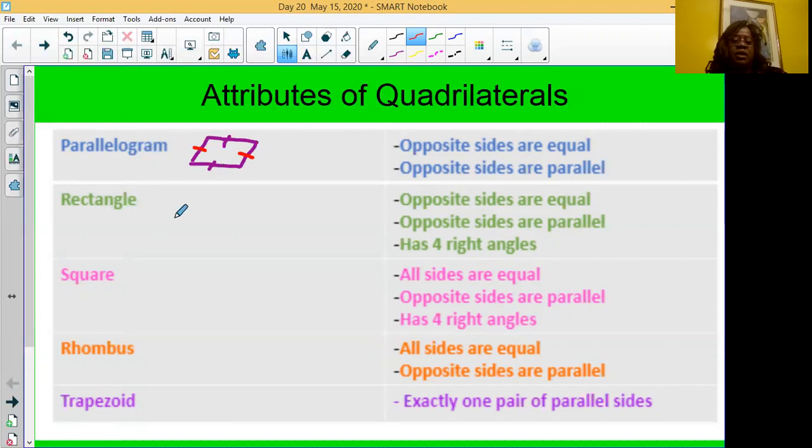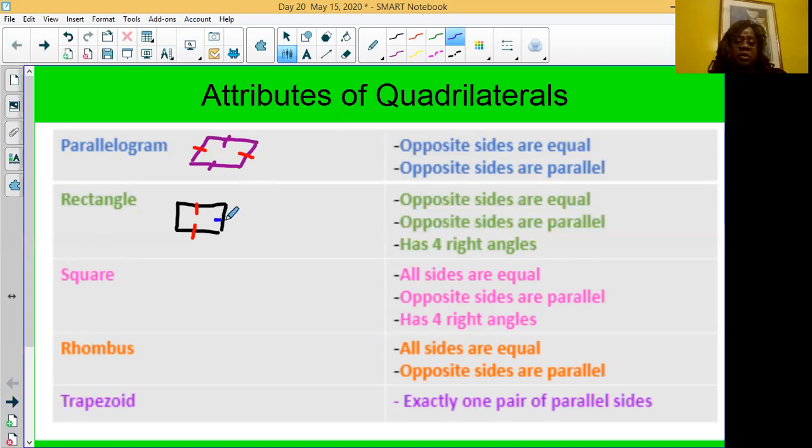Our next quadrilateral was a rectangle. So when we draw a rectangle, we know the attributes of a rectangle are that opposite sides are equal. So I know that this side is equal to this side.